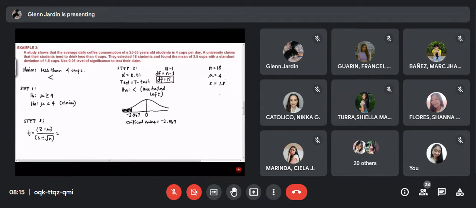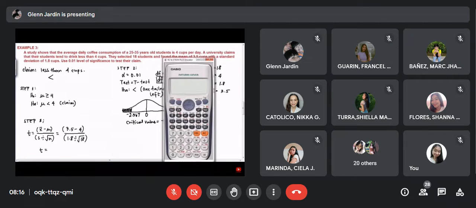Ibig sabihin yung mean natin ay 3.5. Okay, so ang ating t value is 3.5 minus mu na 4 over 1.8 divided by square root of 18. Okay? Guys, yung isasalpak nyo rito sa t, yung n pa rin na 18 ha, not the df. Yung df sa step 2 lang yan. Okay?